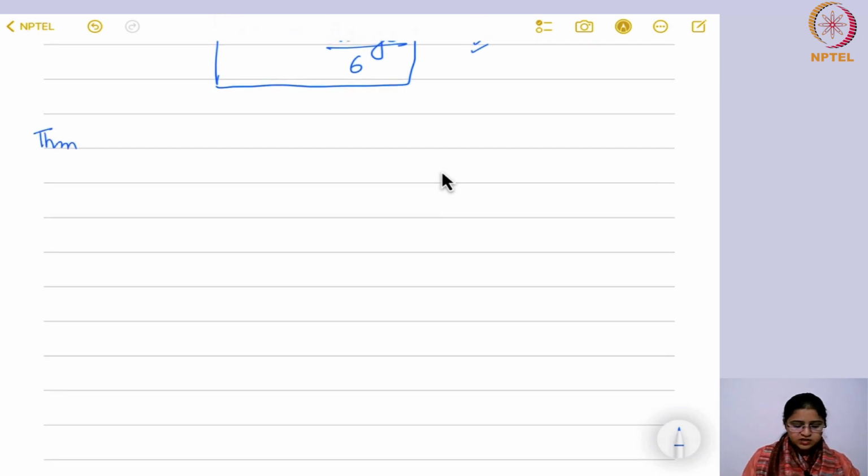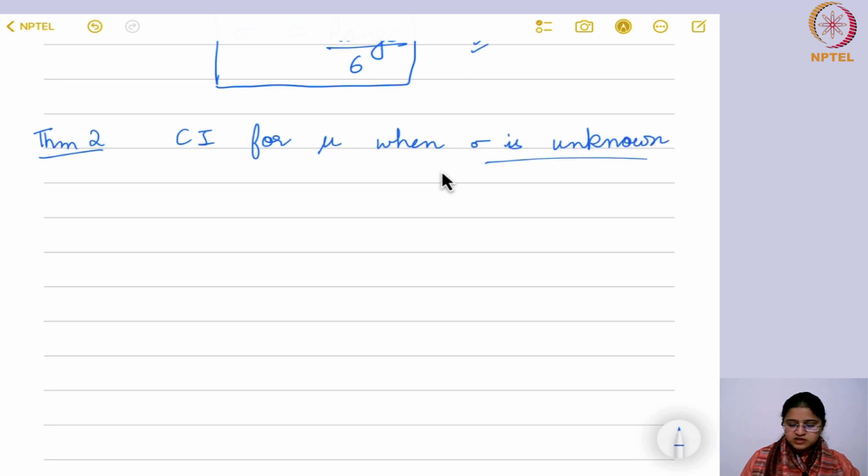So our second theorem is about the confidence interval for mu when sigma is unknown. We know that in the last case, when we are sampling from a normal distribution, x bar minus mu over sigma by root n was used, and it follows the normal distribution.